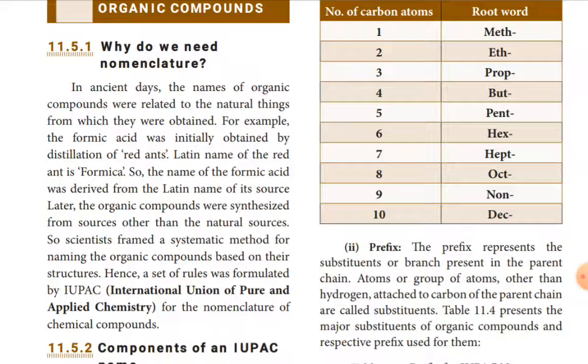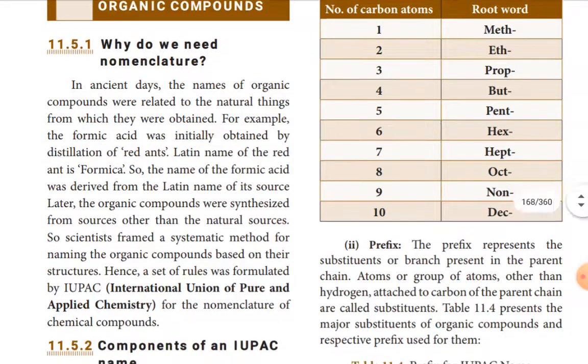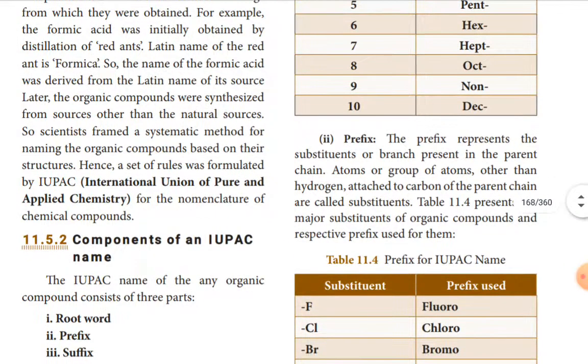Then what is the phrase before the root word? That is called prefix. Prefix is nothing but the term or word used before the root word. This is based on the substituent or branch present in the carbon skeleton.